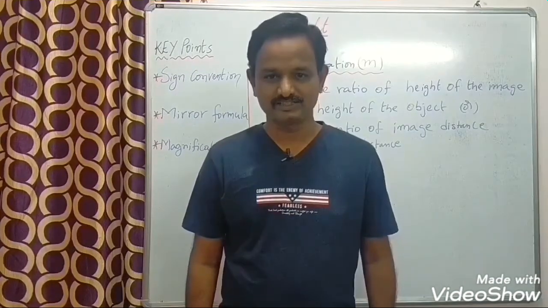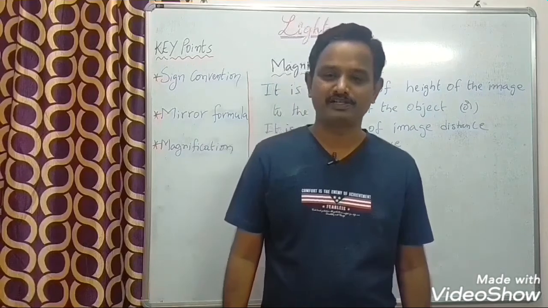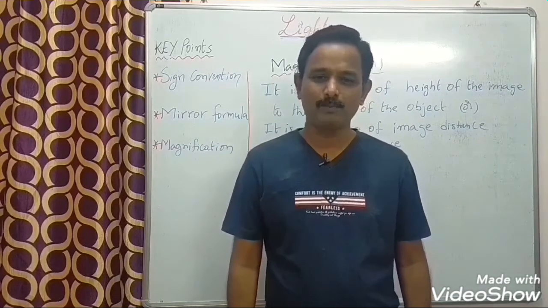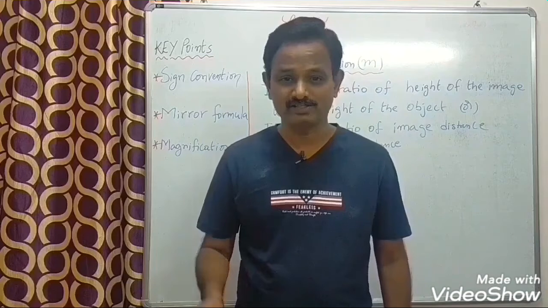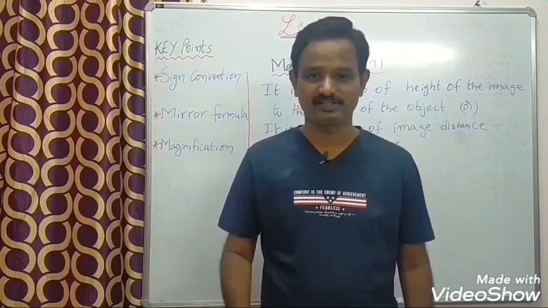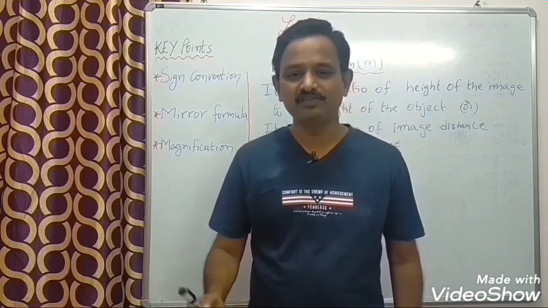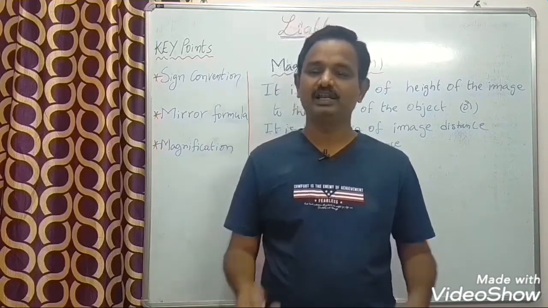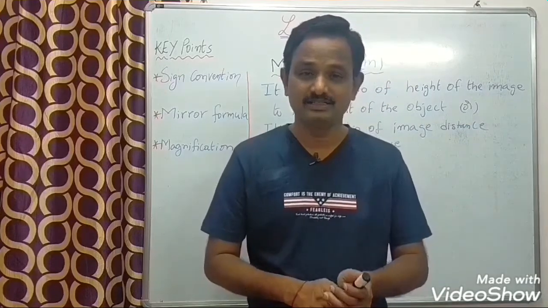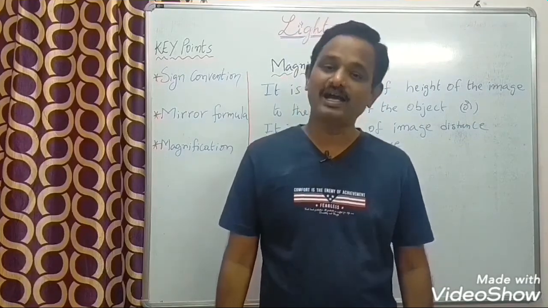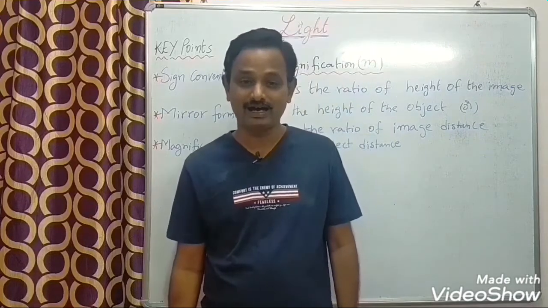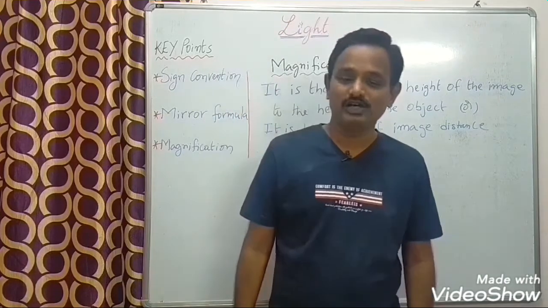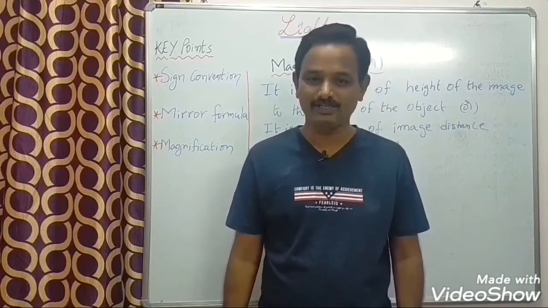Now magnification. What is meant by magnification? Magnification tells us how many times the image size is of the object size. What is the definition of magnification? It is the ratio of the height of the image to the height of the object, or the ratio of image distance to object distance.